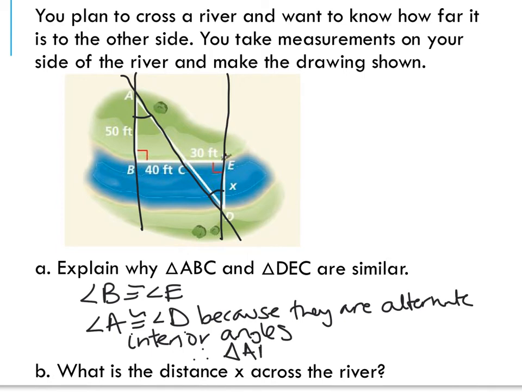Triangle ABC is similar. Remember, similar is just one little curly Q. Triangle DEC. Even though I only need those two angles, I'm going to show you how the other one is also congruent as well.